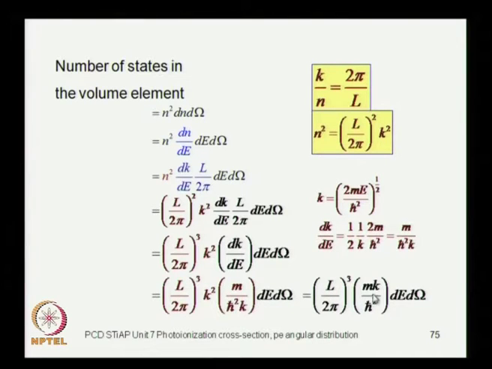So, you have 1 power of k in the numerator. So, you get m k over h cross square dE over d omega. So, this is a matter of some detail, but it is important to do it right.